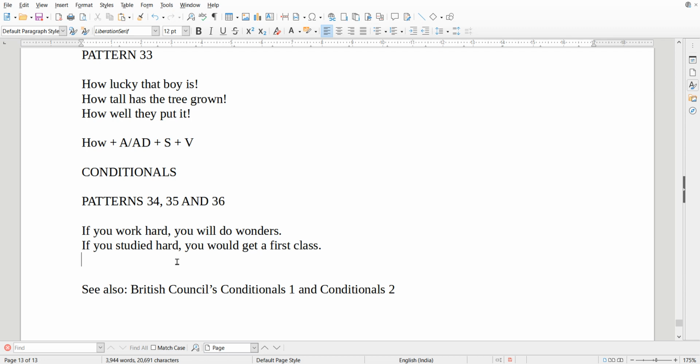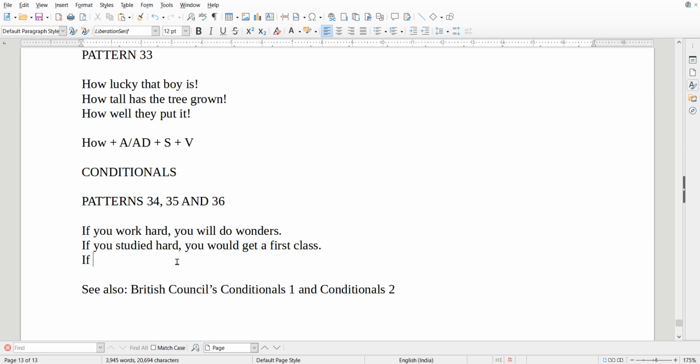Okay, the third one, unfulfilled conditionals. Okay, I counted them to be 36, but they are 35 actually. I'll have to check. So unfulfilled condition, something that didn't happen in the past. If you had studied hard, you would have got a first class, but you did not.